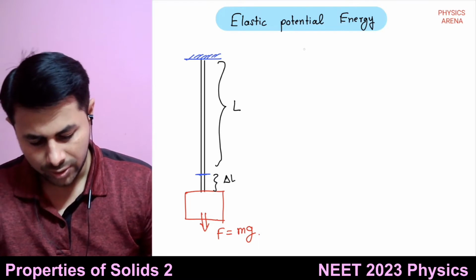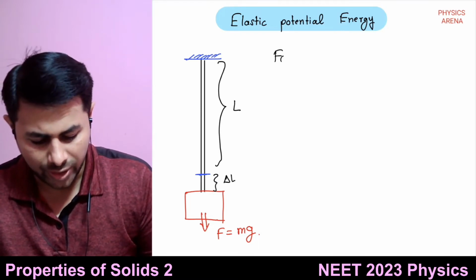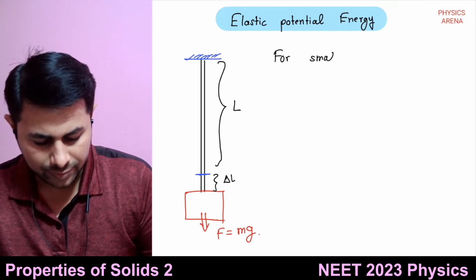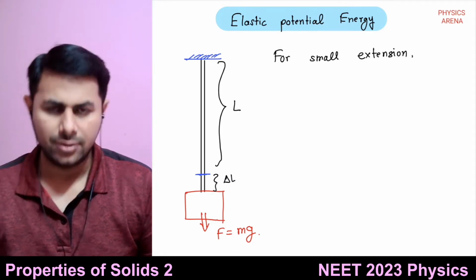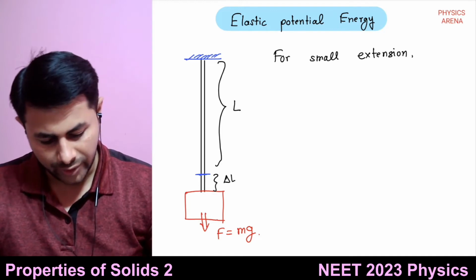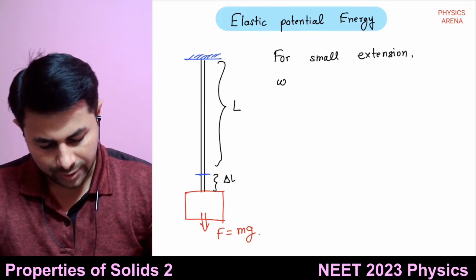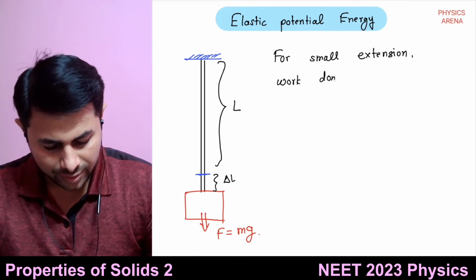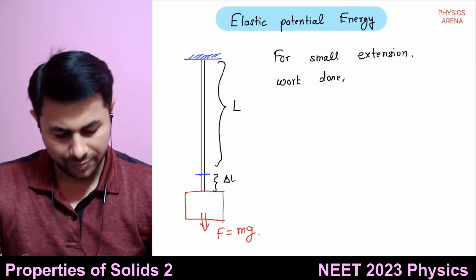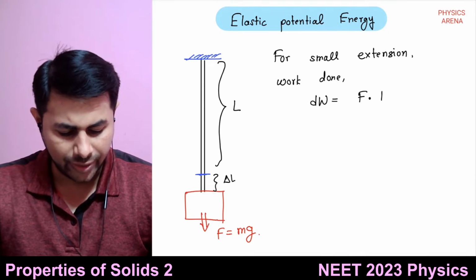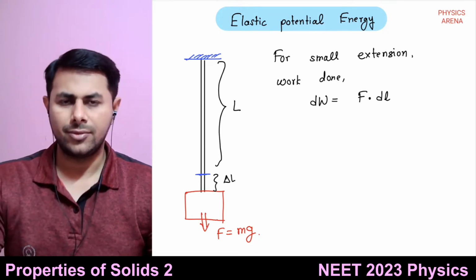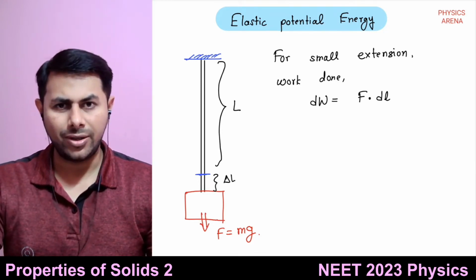For a small extension, let's call it dl, the work done dW is given by F dot dl.